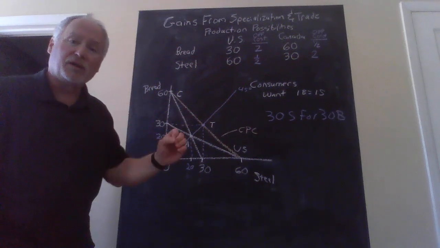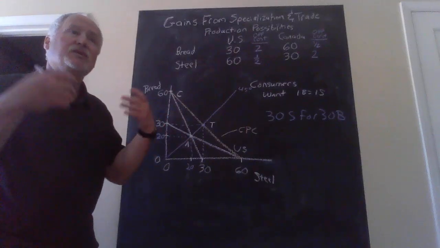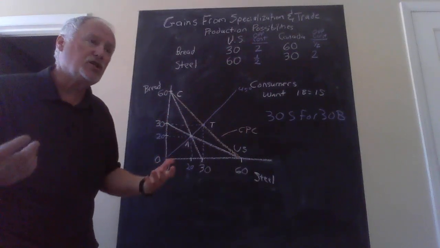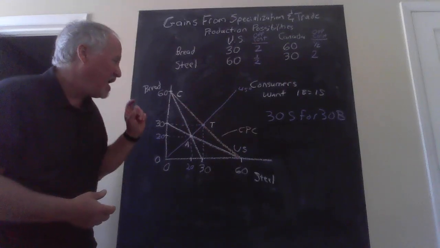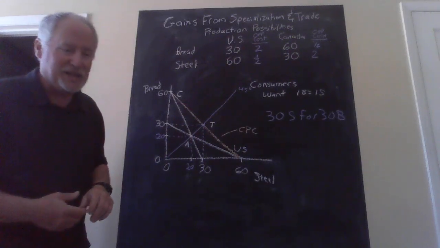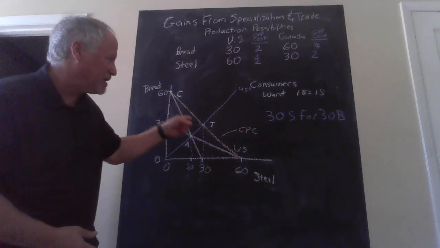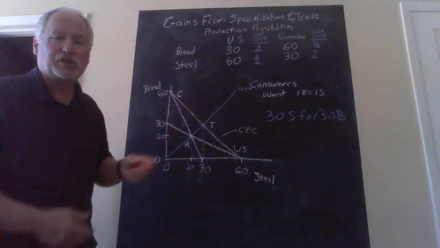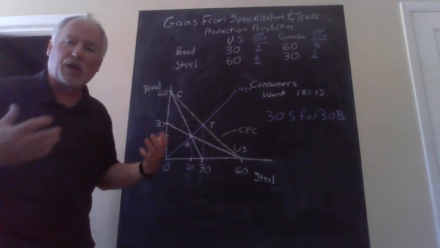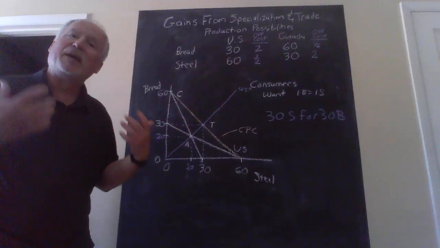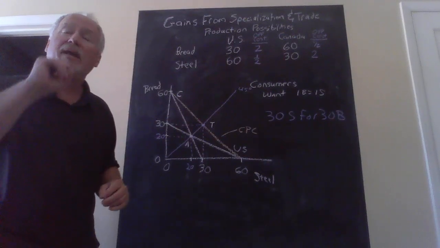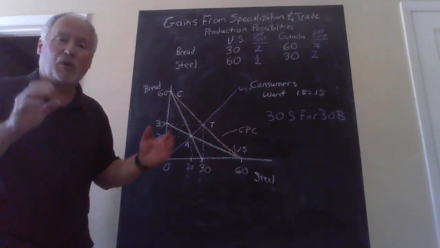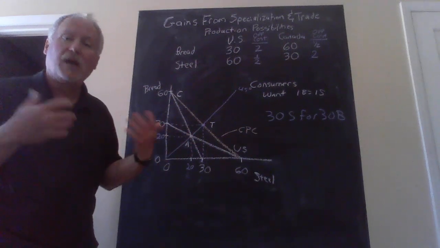International trade is what we want to call a positive-sum game. It's a win-win situation. Both countries can be better off, and that's what we can see here. And if there's one thing you remember 10 years from now from this class, it's this demonstration here: how specialization and trade based on comparative advantage makes both parties better off. International trade can make all the participants, both the countries that are participating in it, better off.